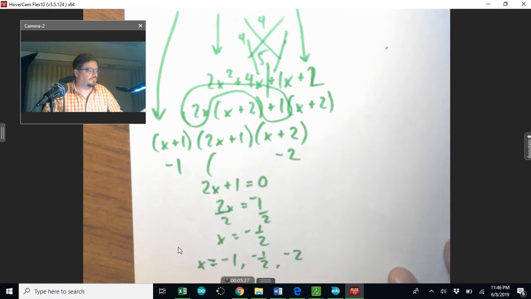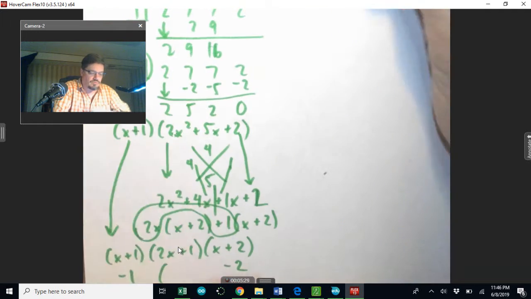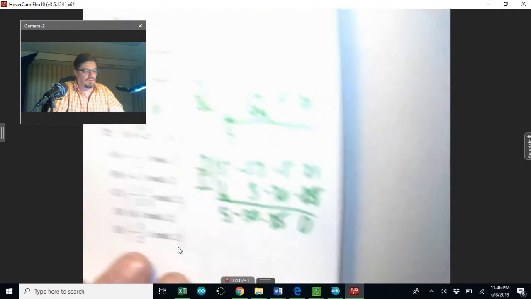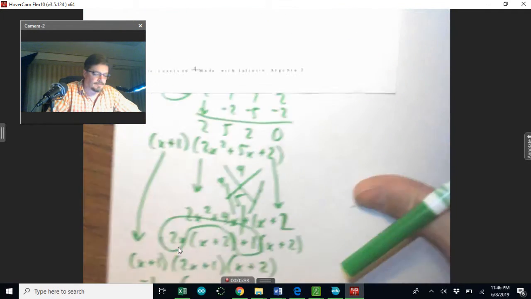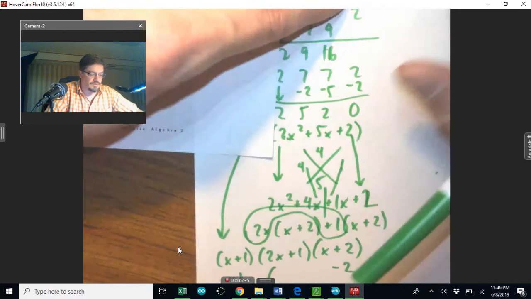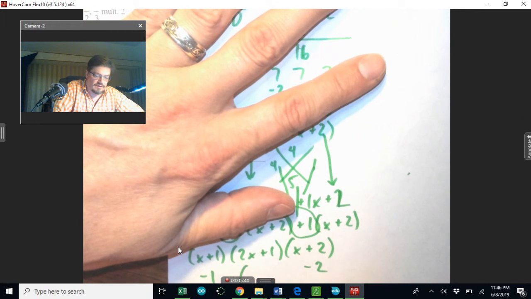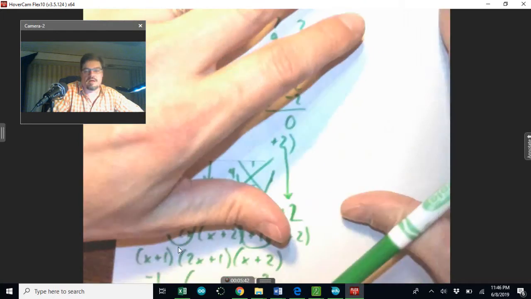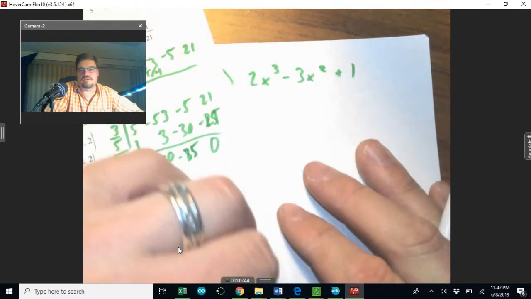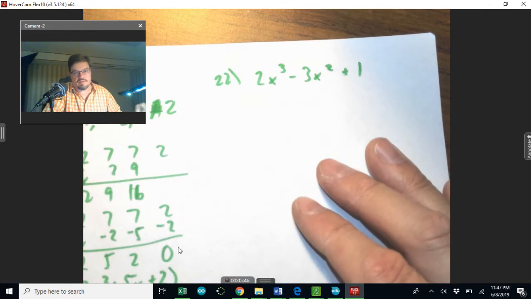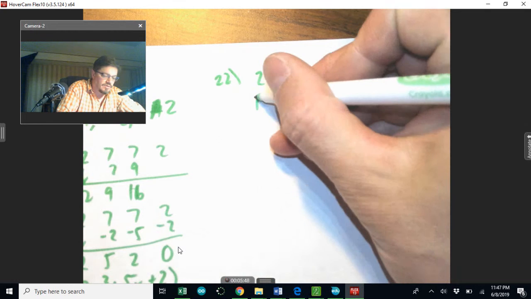All right. So now let's look at 22. We have 2x to the third minus 3x squared plus 1. All right. So what we do here is we look at the p and the q's.